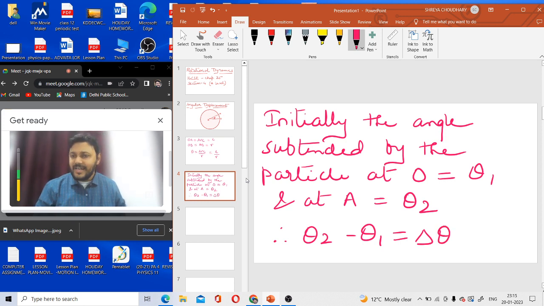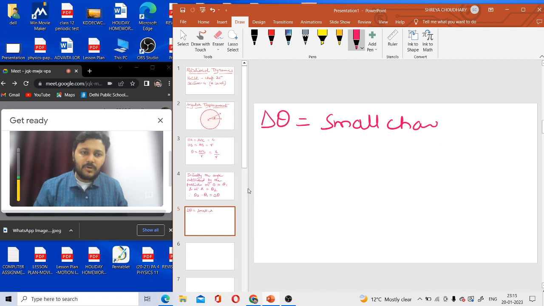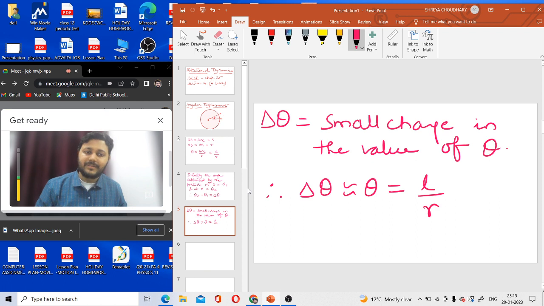So delta theta is a small change in the value of theta. Therefore, we can consider that delta theta is nearly equal to theta, and the value is L upon R.